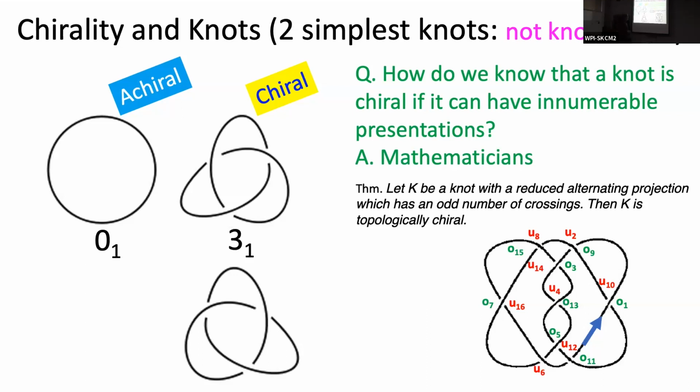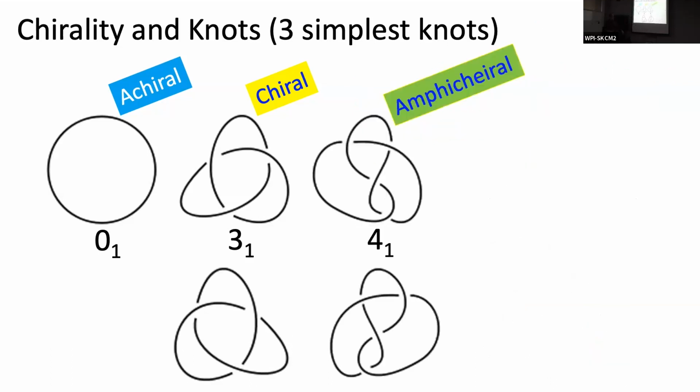There are lots of different proofs for different kinds of knots. To the best of my knowledge, there is no universal proof that covers all kinds of knots. So given an arbitrary knot, I don't think that there's one way of establishing unequivocally, but I could be wrong, that that knot is chiral, but for specific classes of knots, it can be shown.